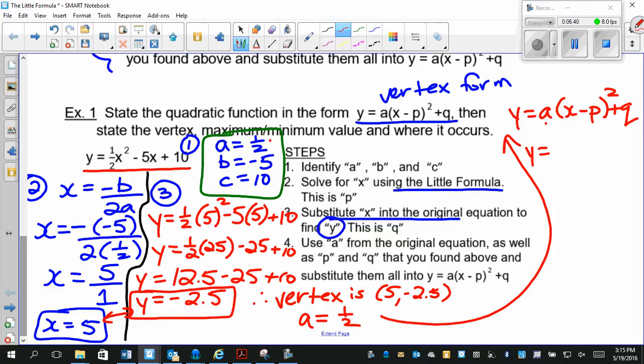And remember that we've got P and Q here. So we've got A, P, and Q that we're subbing in. So our X here is fine. And then minus P, so minus 5 squared, and then minus 2.5 goes on the end.